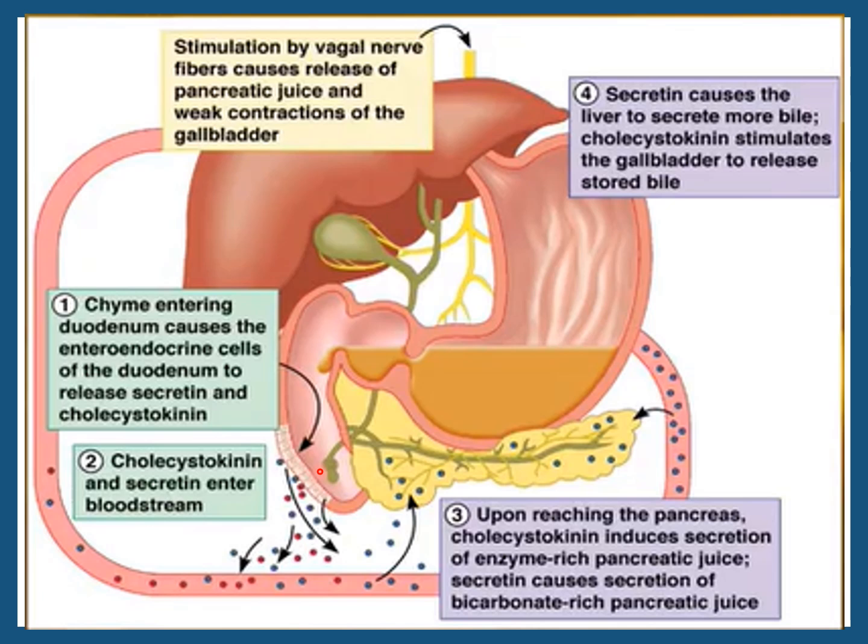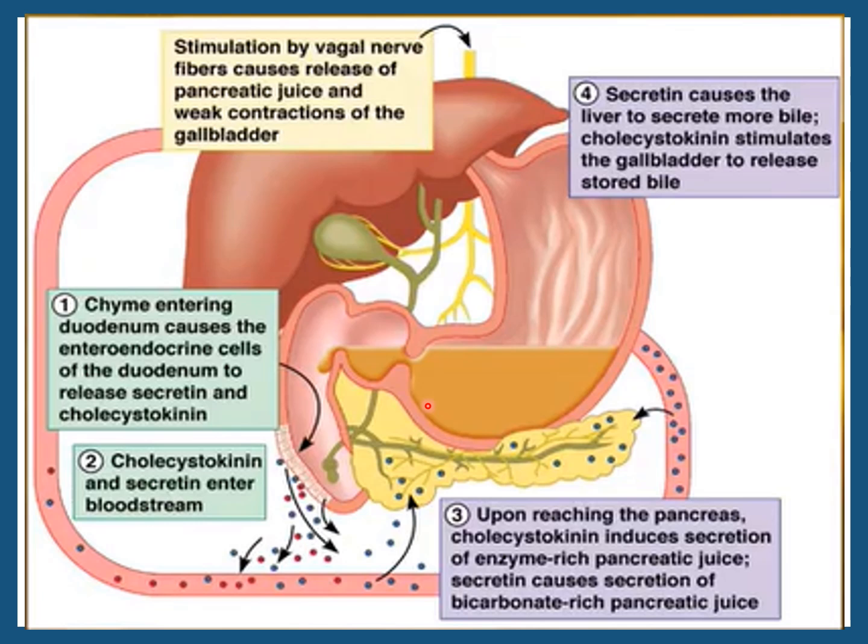CCK and secretin both enter into the bloodstream, and they're going to be able to travel locally to that pancreas and locally to the liver. Well, in the pancreas, CCK will induce secretion of enzyme-rich pancreatic juices.